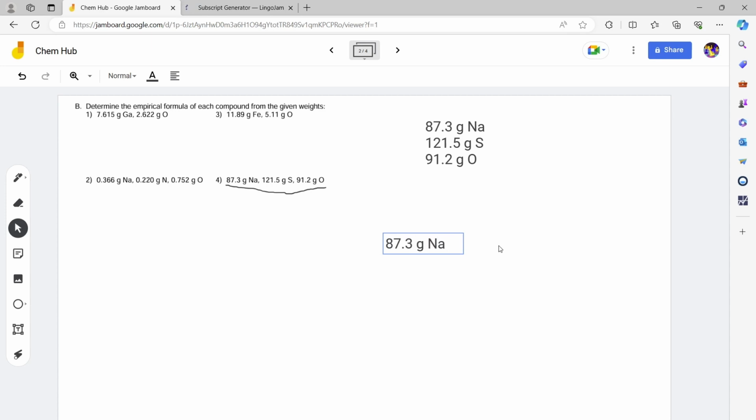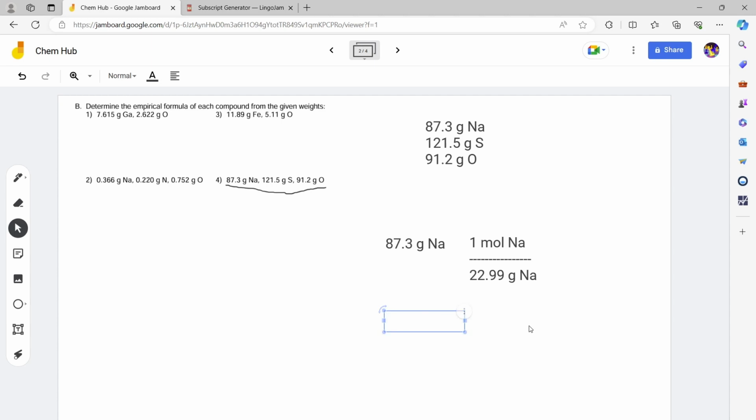Sodium multiplied by 1 mole of sodium over sodium's molar mass, which is 22.99, we'll round to 23.